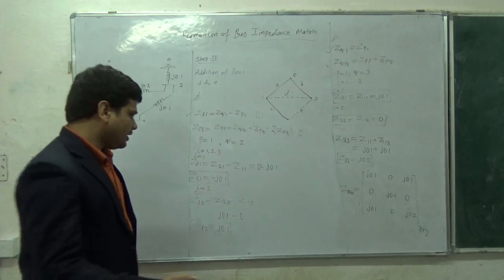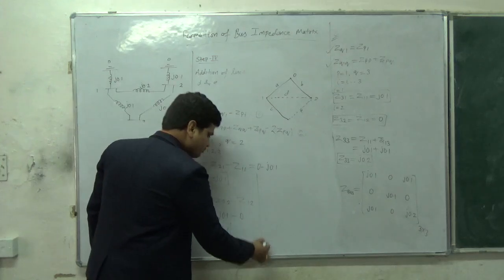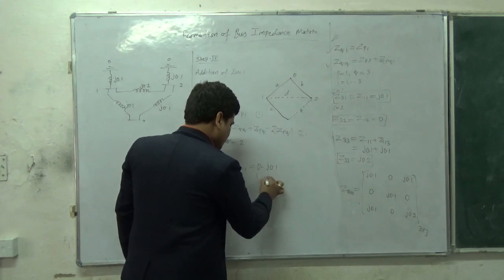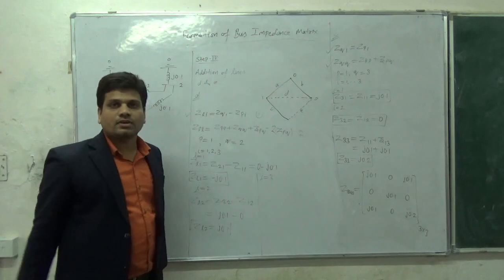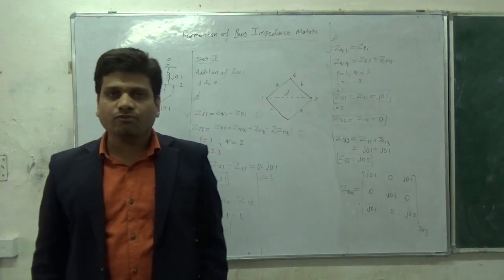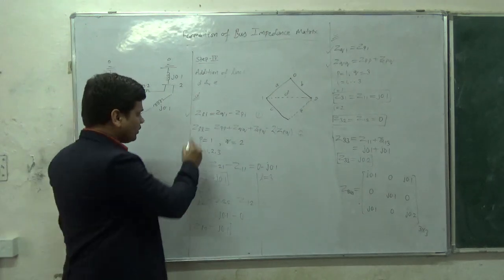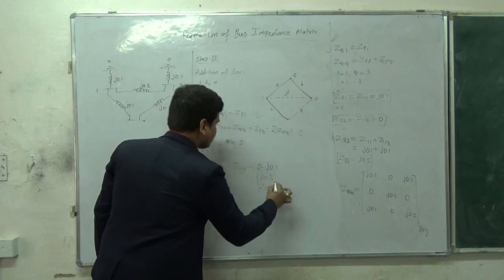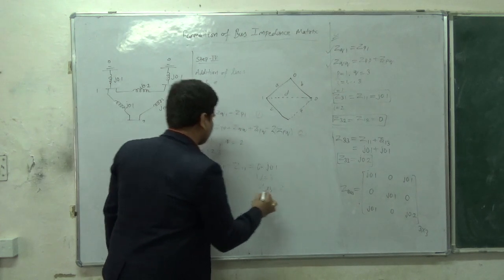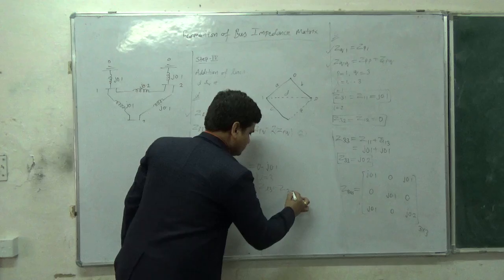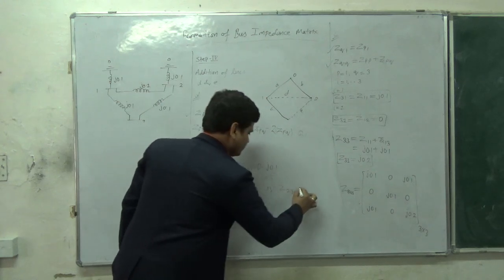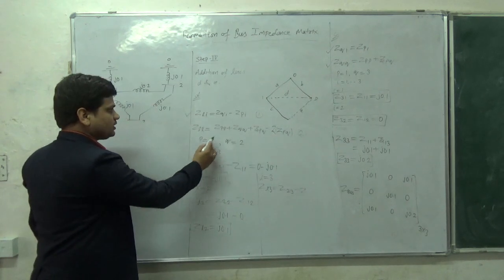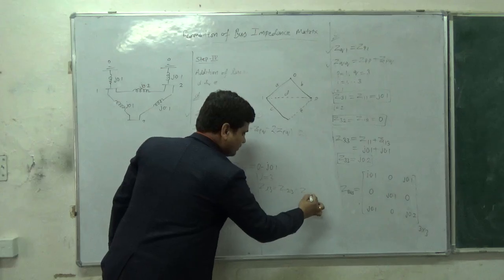Now again, put I is equal to 3 in formula number 1. You will get ZL3 is equal to Z23 minus Z13.